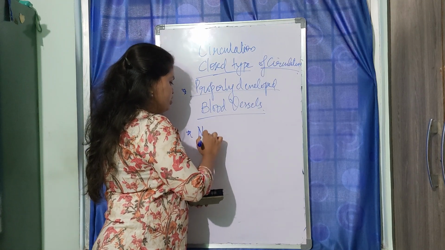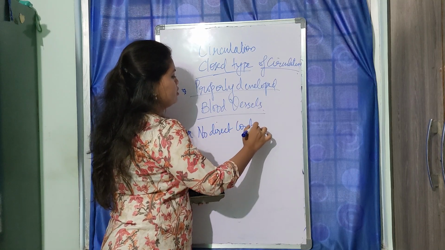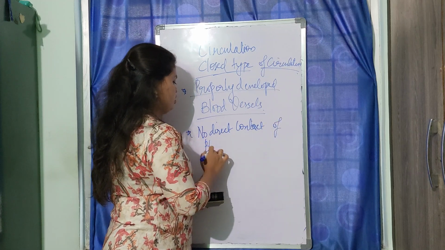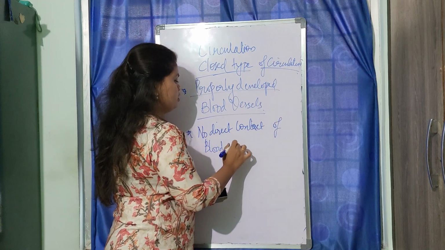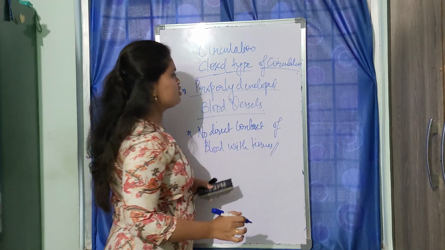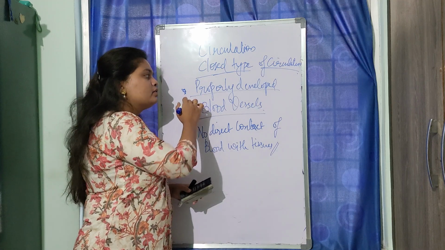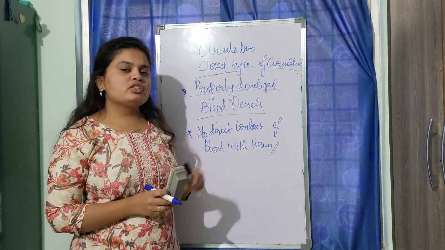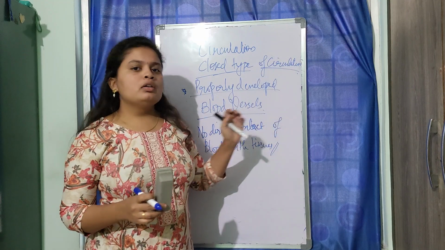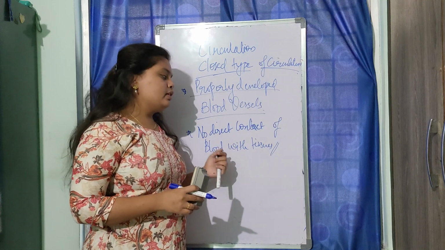That's what we see in closed type of circulation, where properly developed blood vessels are there which are going to send the oxygenated blood from the heart to all parts of the body, and there is no direct contact of blood with the tissues.